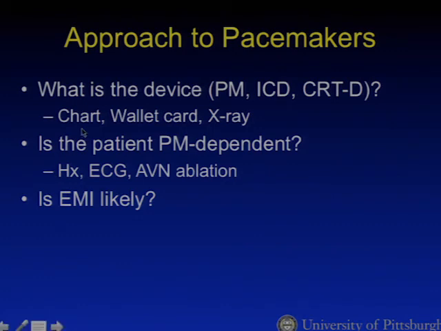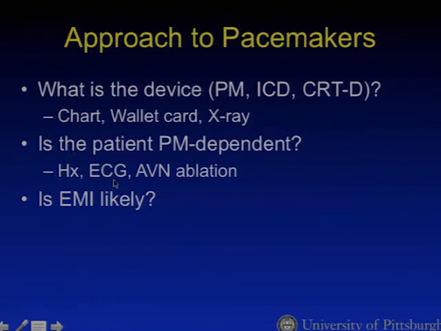Often the medical record will shed light on this, or details can be found on the manufacturer's device ID card, and if all else fails, often an X-ray is very illuminating, and I have a couple examples of that.